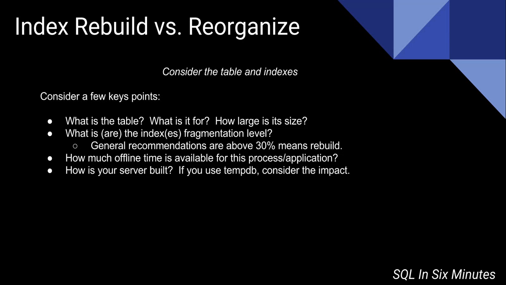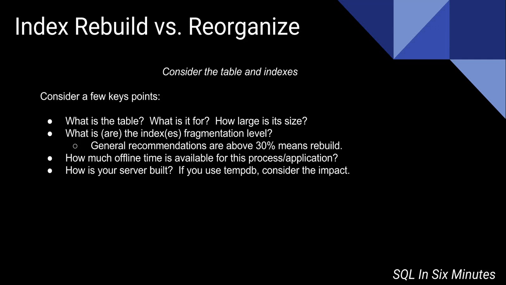And from the compaction standpoint, it does use whatever the fill factor settings are. But the difference with reorganizing from a resource perspective is that it doesn't use quite as much, so it's much less intensive. So if you don't have a lot of fragmentation, you don't want to blow your system out trying to rebuild an index when you don't need to in the first place, okay?